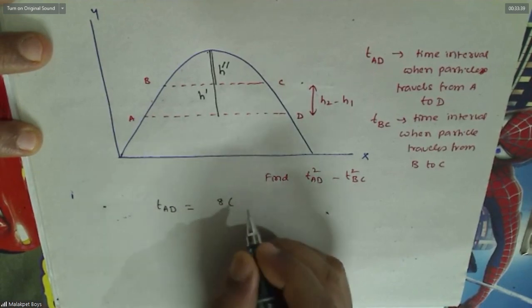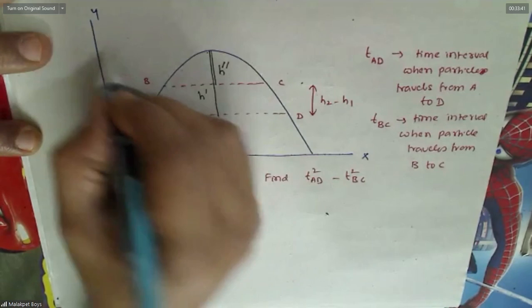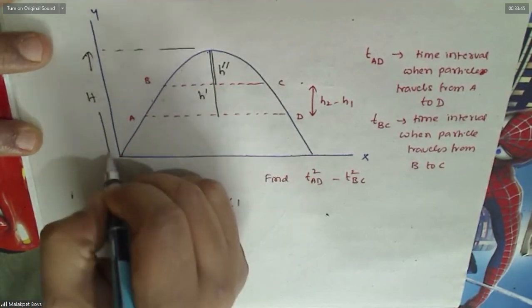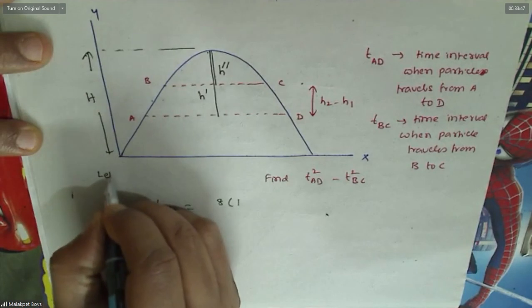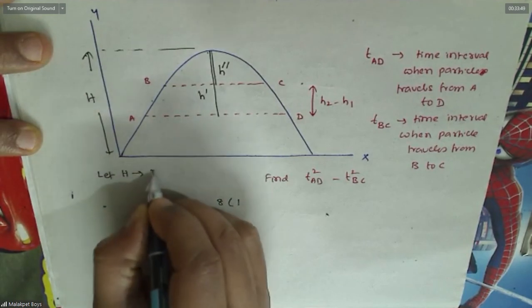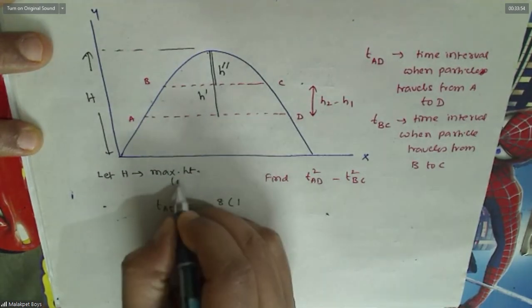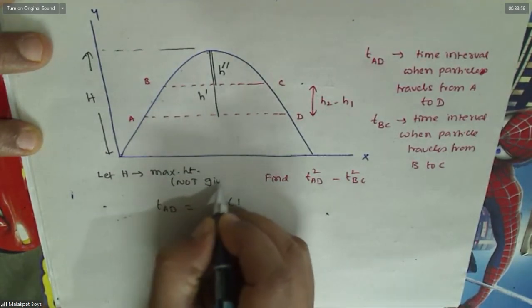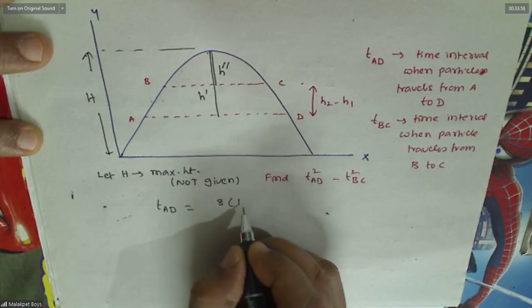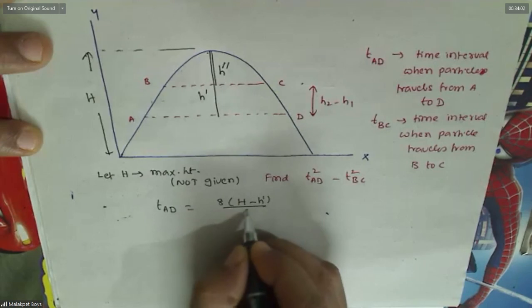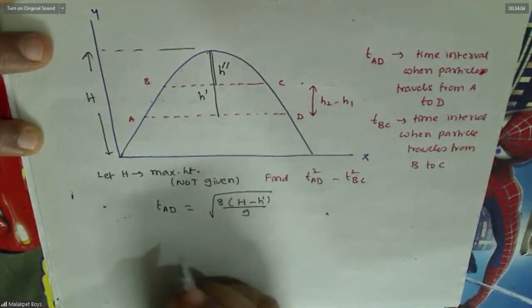H is the maximum height I am choosing. This is let, not given in the question. So what you should do here: root over 8 into (H minus H dash) by G. Do you agree with this?